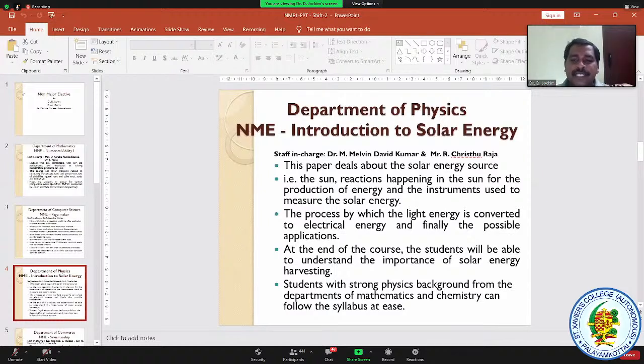The department has given a specification: especially students who have a mathematics base from the mathematics department and chemistry can think of the course, because if other students do not have any background of physics, it may be difficult for them.